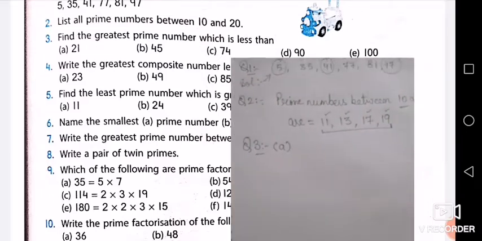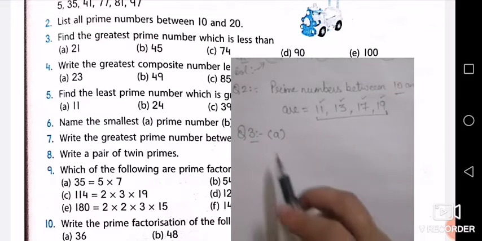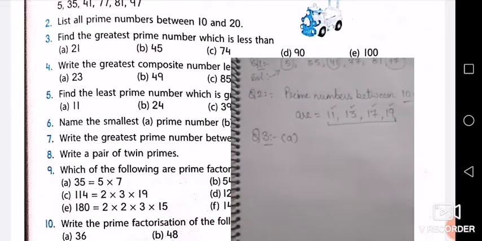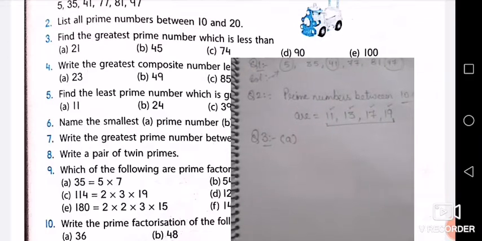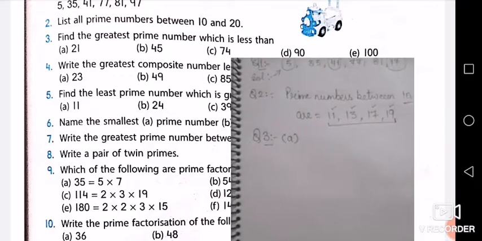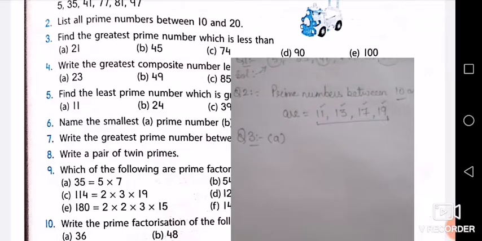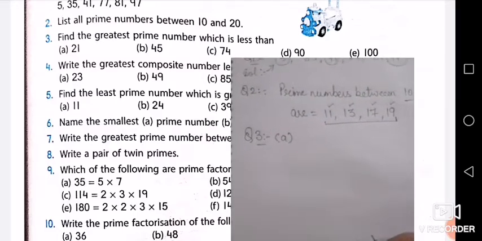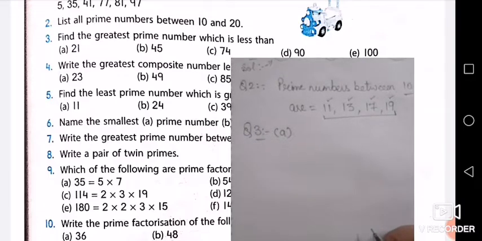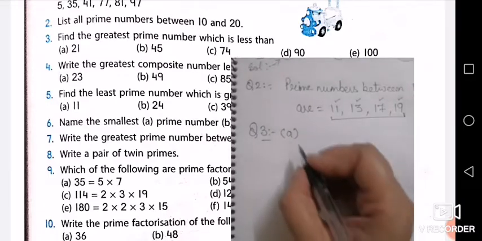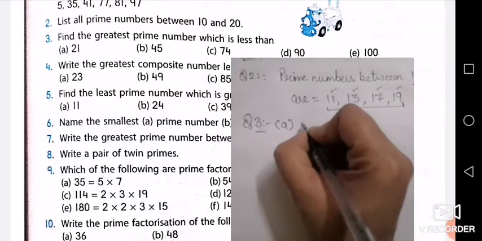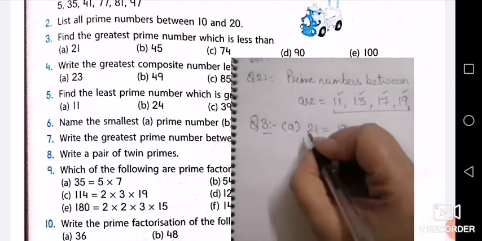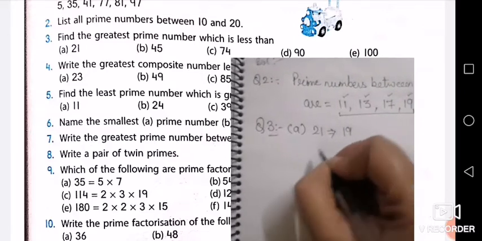Before 21 you will have 20. 20 is a composite number, and then before 20, 19. So the greatest prime number which is less than 21 is 19. Fine.